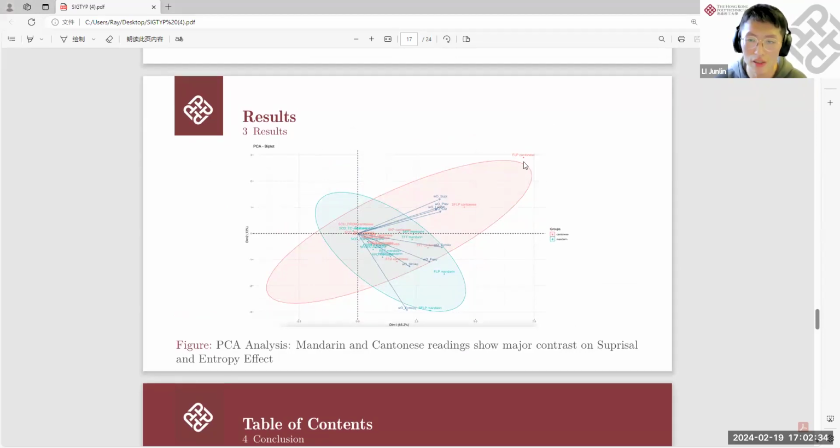From this figure, it is quite clear that Cantonese reading is more sensitive to surprisal effect. And on the other side, Mandarin reading is more sensitive to entropy effect.